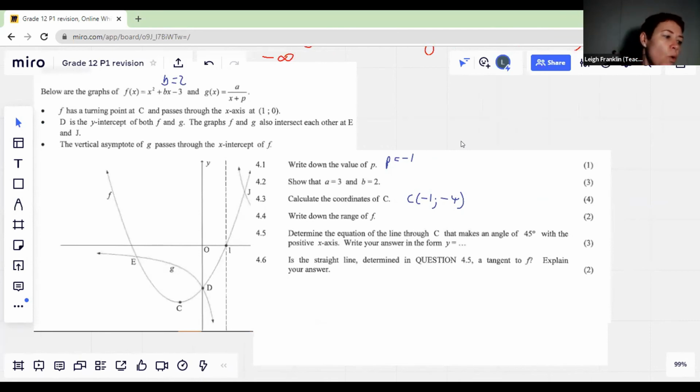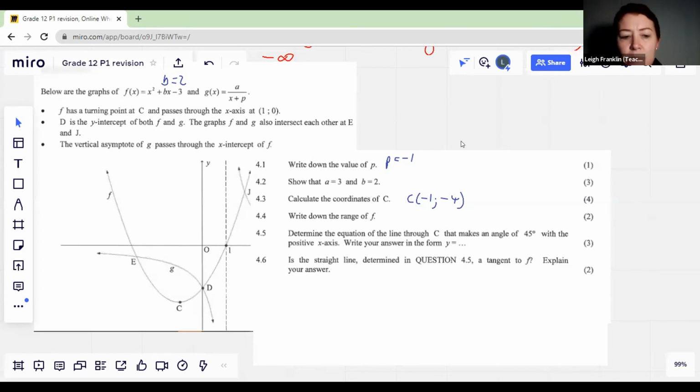Okay, so what was the equation of the line? The line was the equation y equals? Y is equal to x minus 3. Beautiful. Okay, so at D, what are the coordinates at D? 0 and -3, isn't it? Okay, so if the line goes through C and D, it can't be a tangent to the function.